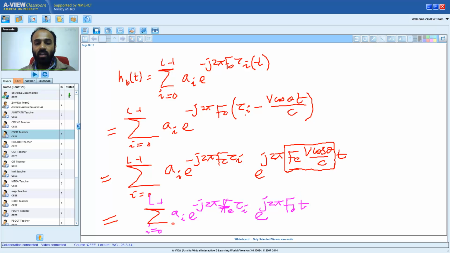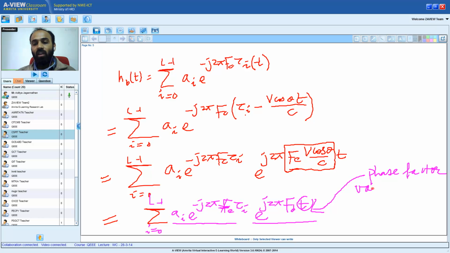Previously this was the phase, now this is a phase factor which is time varying. Look at this. This depends on time. This is the phase factor varying with time. As a result, the whole channel is time varying.